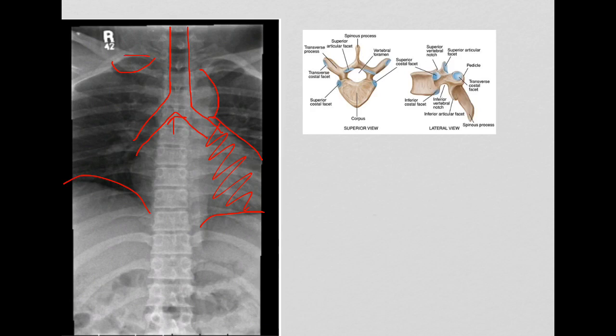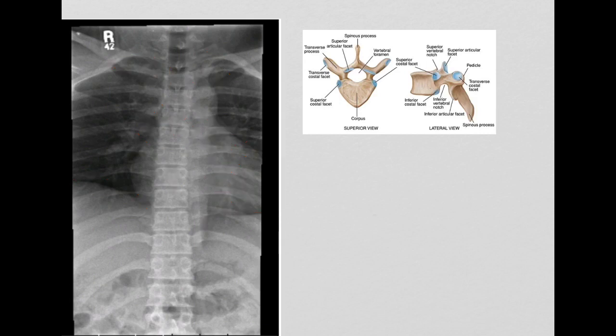We identified clavicles. And the joint spaces here are the SC joints, sternoclavicular joints. These are good indicators of rotation, just like in a chest x-ray. Pedicles are also a good indicator of whether the patient is rotated and positioned correctly, as well as spinous processes. We'll talk about that more in class.